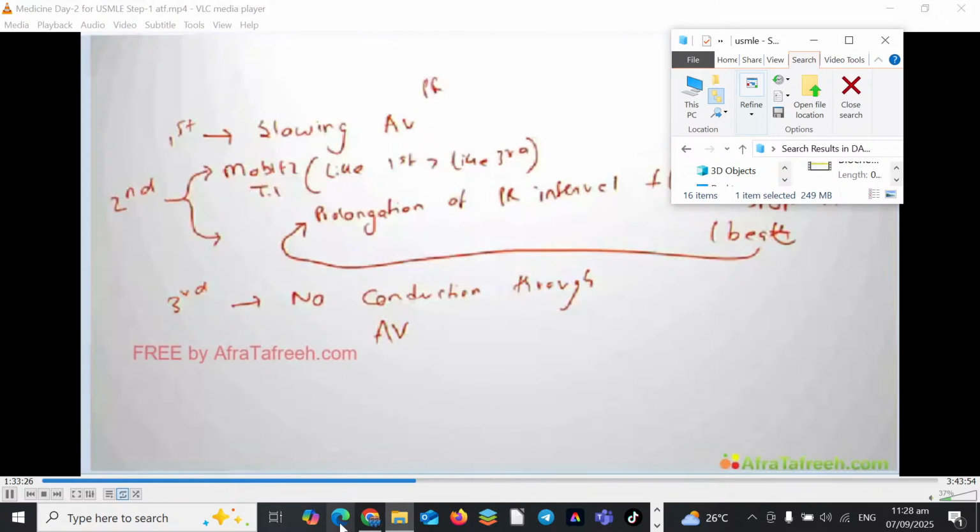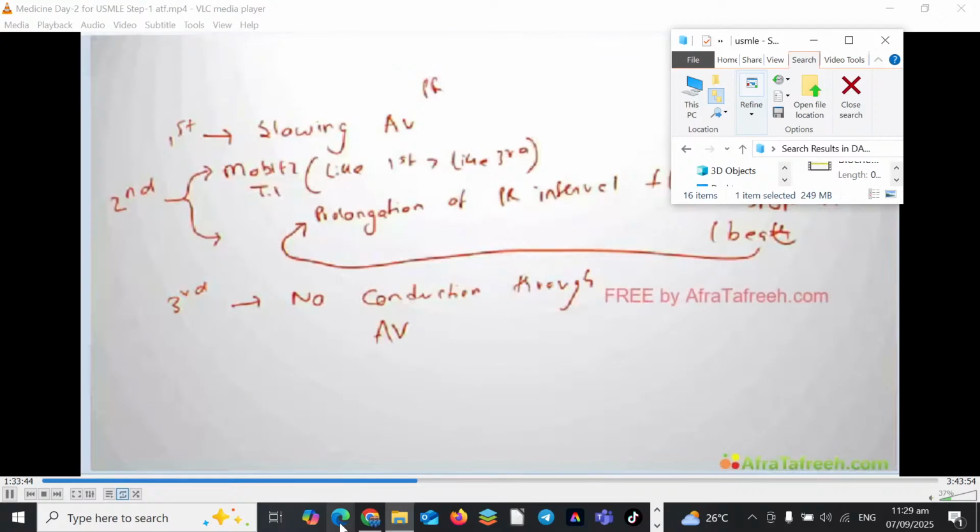What was happening in first degree heart block? It was a prolonged PR. What happens in Mobitz type 1? It keeps on prolonging the PR, and at a point it stops conducting. So it is not like 1 and not like 3. So it is 2.